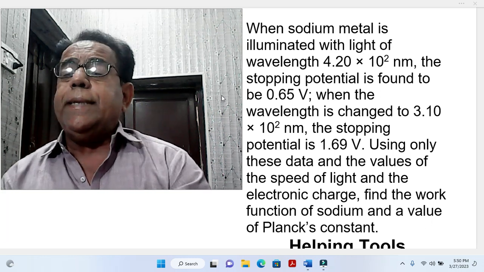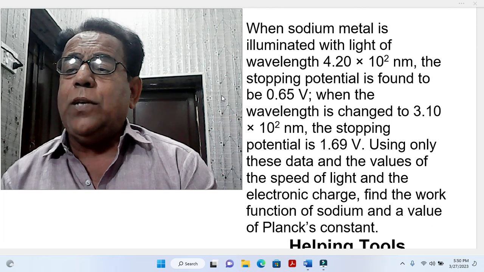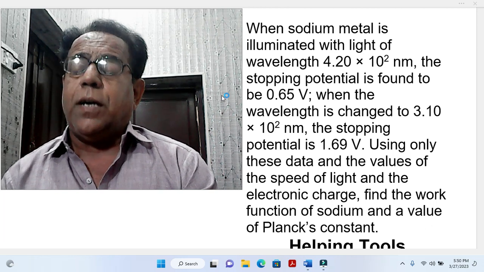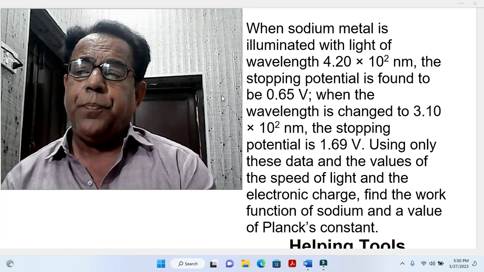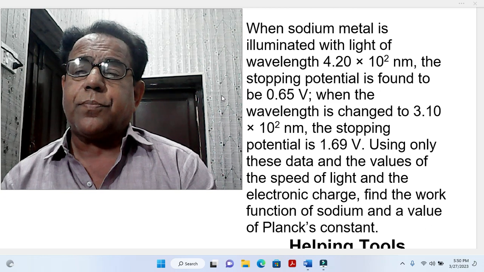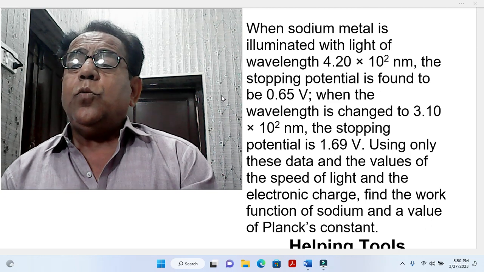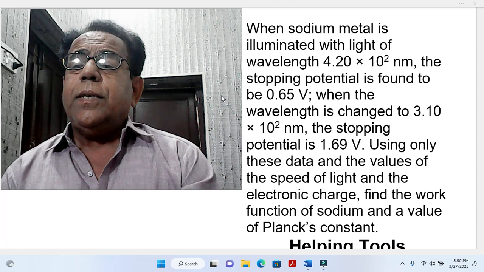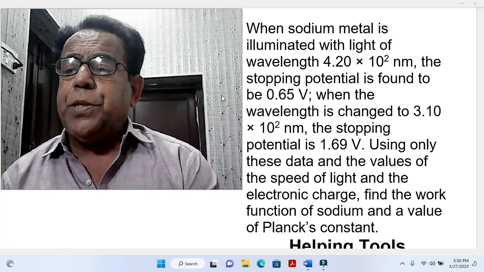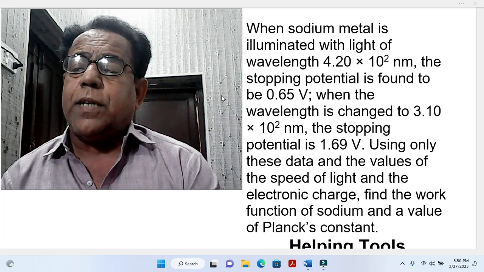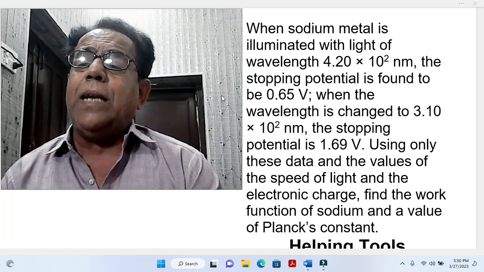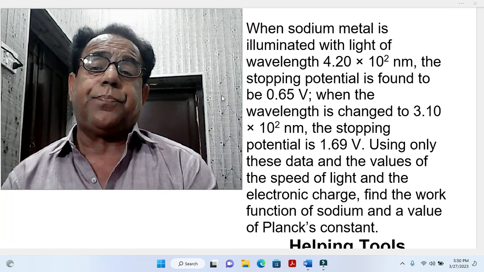Using only these data and the values of the speed of light and the electronic charge, dear students, these two values are also constants, find the work function of sodium and a value of Planck's constant.